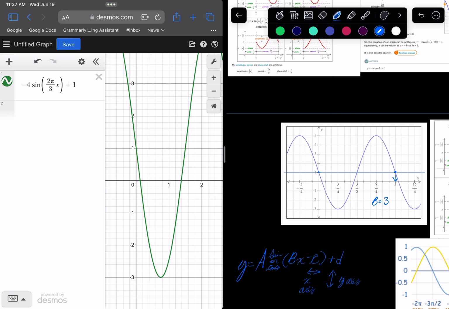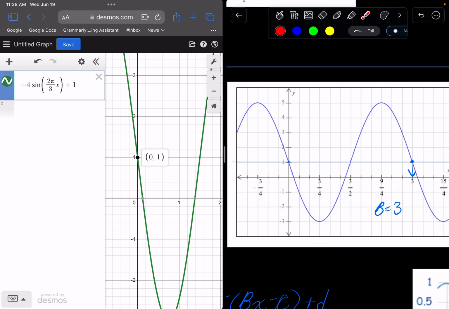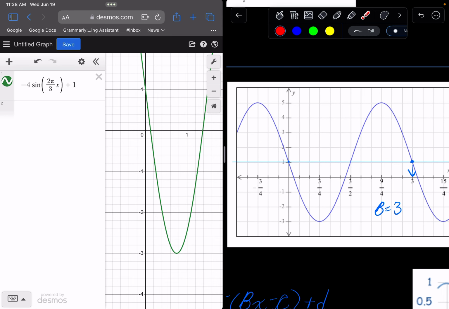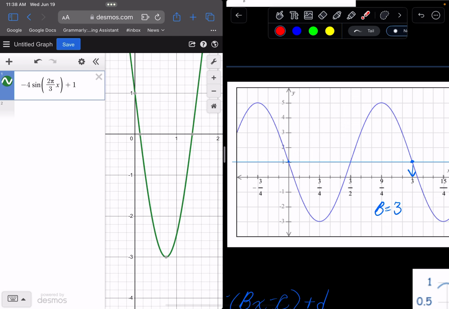And to check whether or not it's right, let's look. The y-intercept is at 1, like it is here. And then we have -3 to, brain fart.